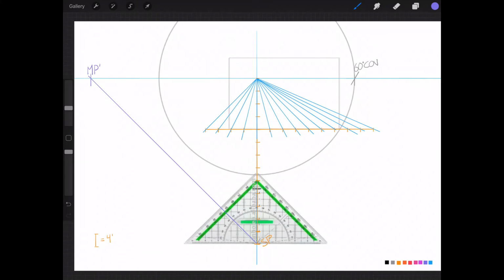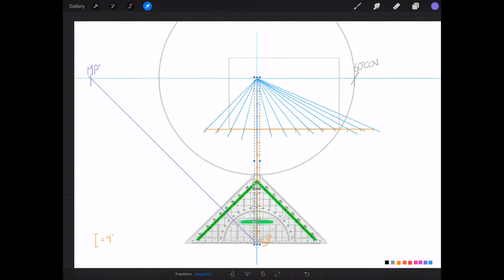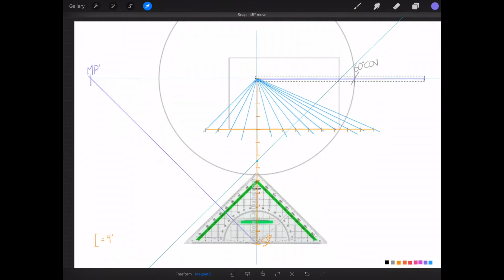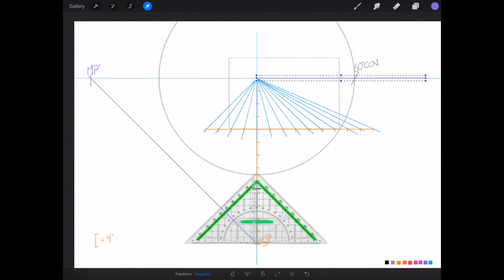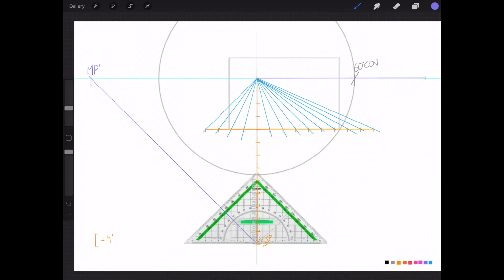Now we're going to go from the vanishing point to the station point. We're going to create a line that goes between them, and then we're going to rotate that up from the vanishing point over to the right of the horizon line. So now we have two measure points, one on the left of the vanishing point and one on the right.